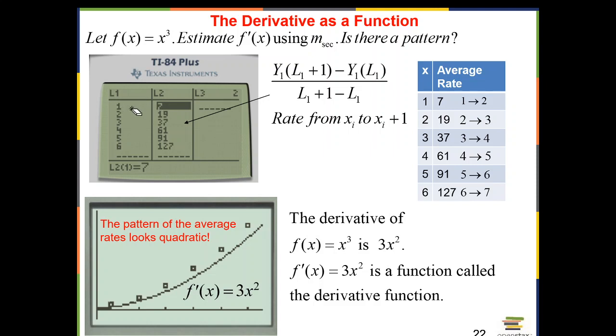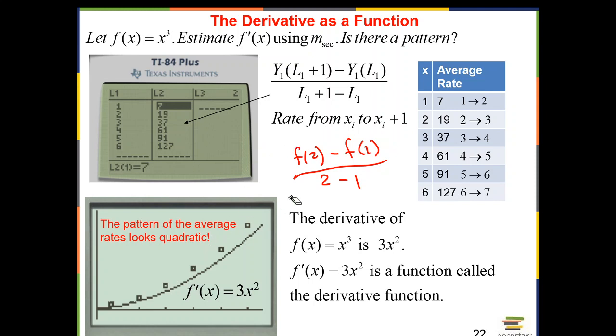So how do we find the rate of change from 1 to 2? Well, we have to go to f of 2, minus f of 1, and then divided by 2 minus 1, right? That's the rate from 1 to 2. How do you find it from 2 to 3? It would be f of 3 minus f of 2 over 3 minus 2, and so forth. We can automate this process using a calculator or a computer program.